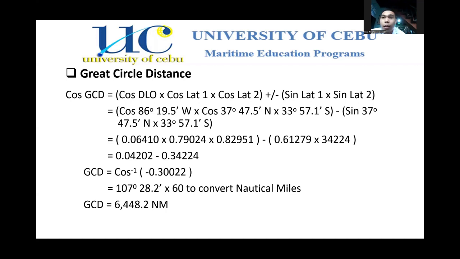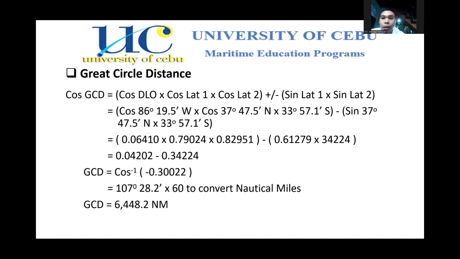Then we will multiply per parenthesis, it will become 0.0420 minus 0.344224. Then we will have negative 0.30020. Then we will use inverse cosine to find the GCD in degrees.